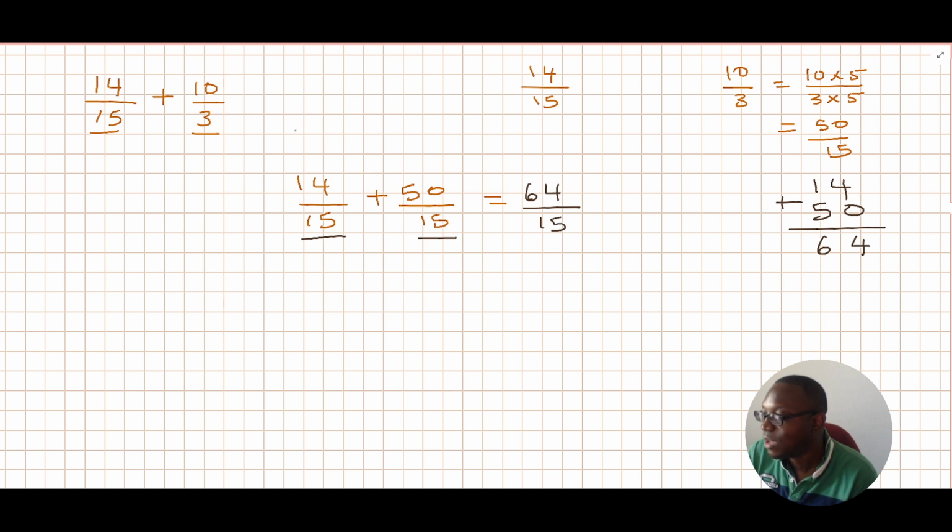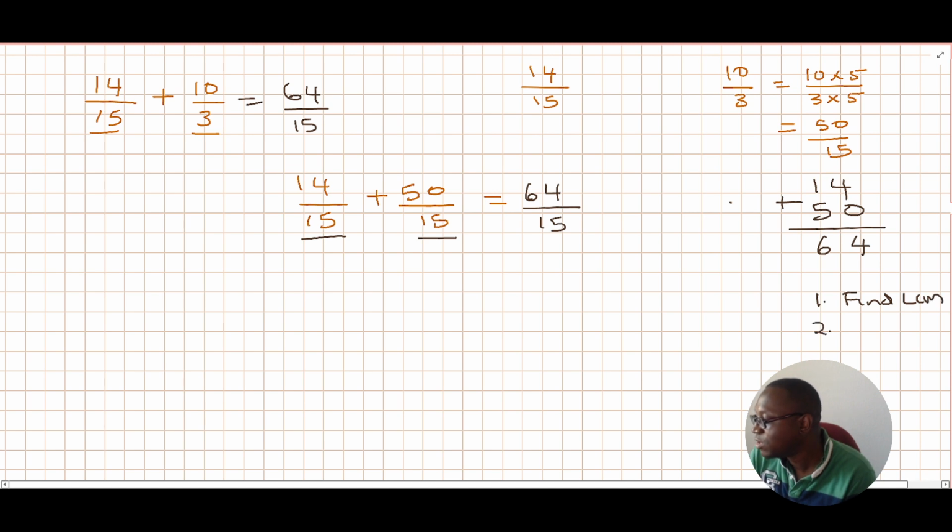And so this is really all you do when you're adding fractions. It doesn't matter how many digits the fractions are. The first thing you want to do is, let me write steps here. The first thing you want to do is find the LCM.